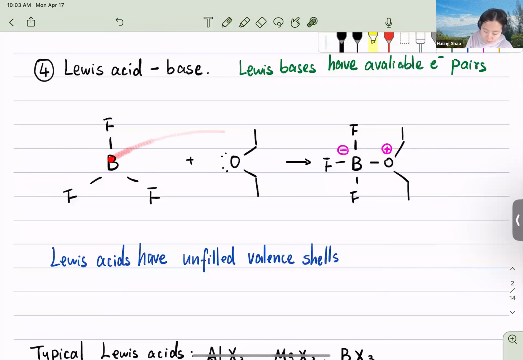For example, in this example we've shown several times, we can do the arrow pushing here, starting from the nucleophilic lone pair of the ether, attacking the boron species, which is partially positive because of all the electron withdrawing fluorine groups around. So here, the definition of Lewis acids is electron pair acceptors.